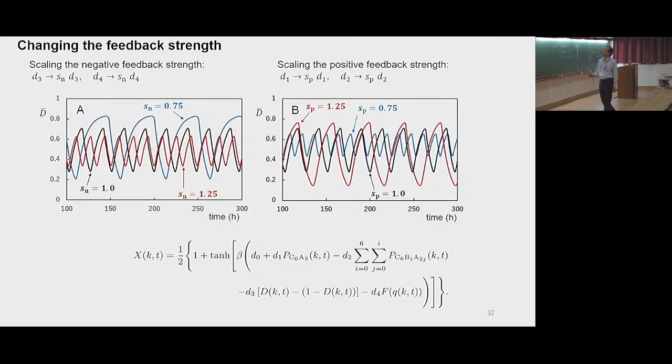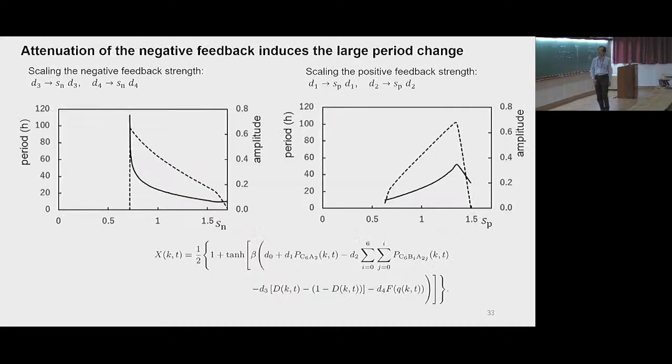And if Sp is smaller, the amplitude is small and the period is short. So we have the opposite effect on the amplitude and period.